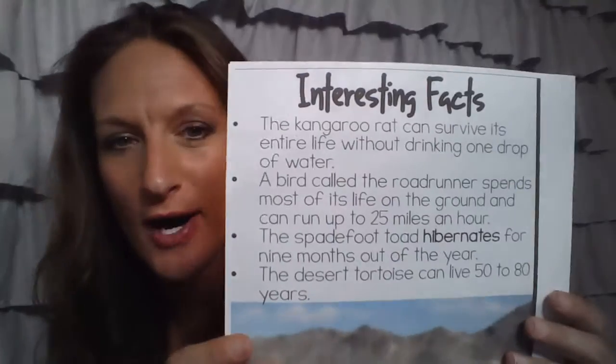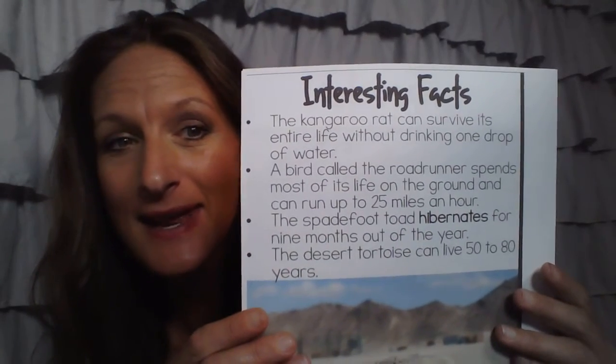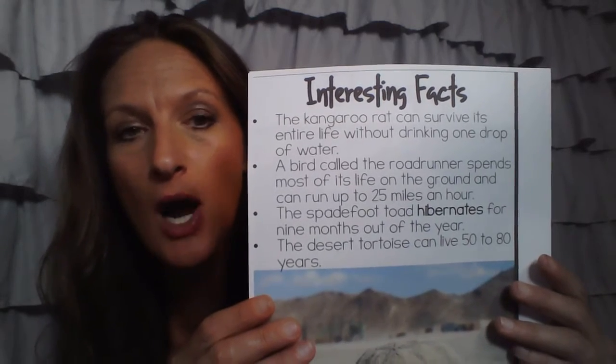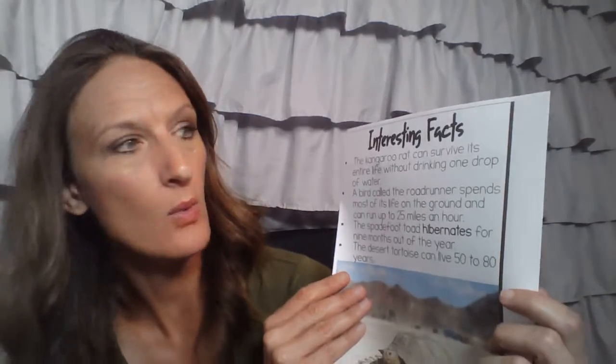Let's learn some interesting facts. Oh boy. Did you think about a kangaroo or a kangaroo rat? It can survive its entire life without drinking one drop of water. I don't think I could be that animal. No way, Jose. I love water.